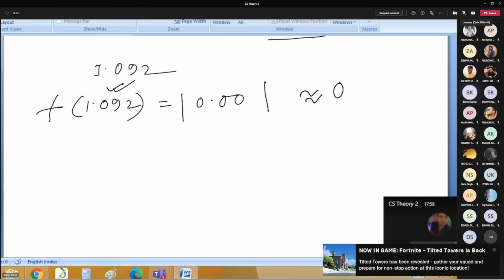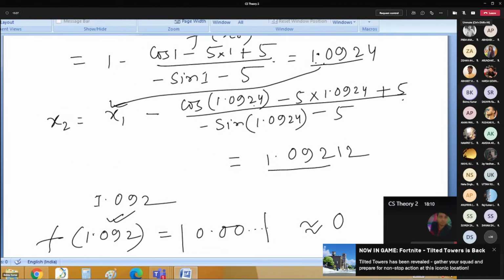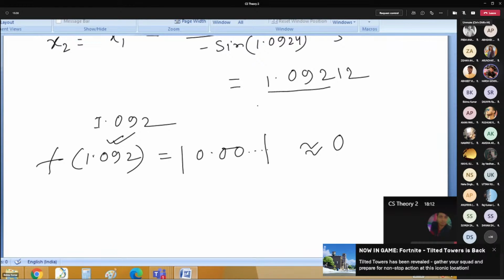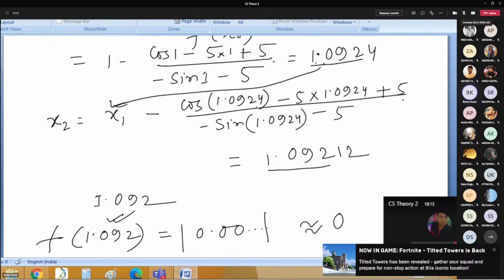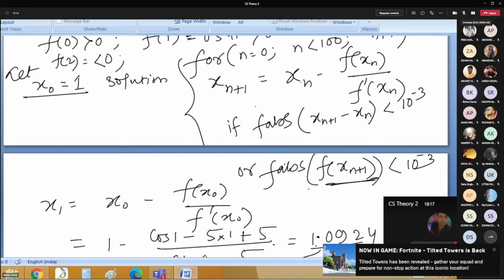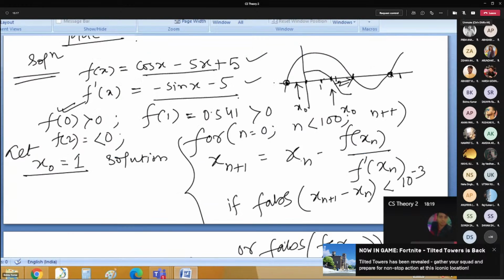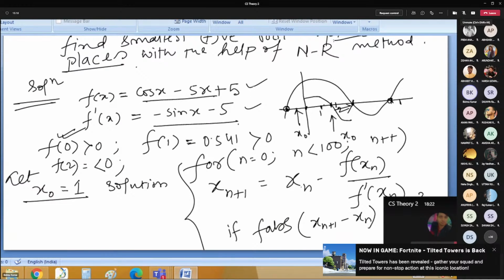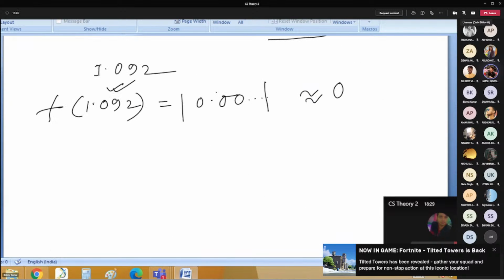Tell me about this value, f of 1.092. How is it coming? 0.00 something is coming or not? Sir, it is coming as 0.00711. If it is an exact solution, then for any equation this equals 0.